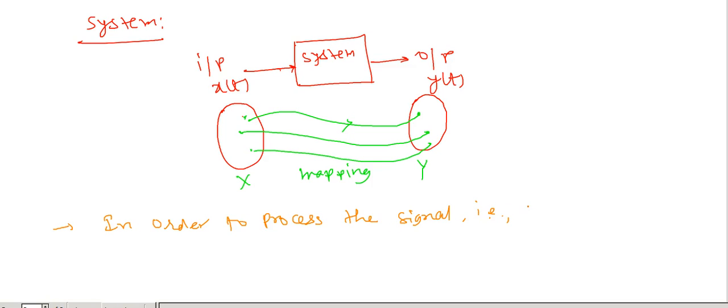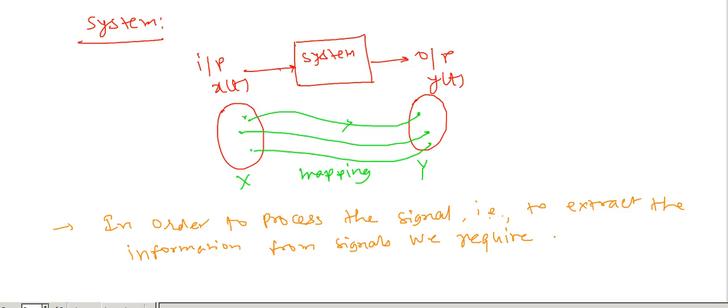It means to extract the information from signals. So to process the signals, we require systems.